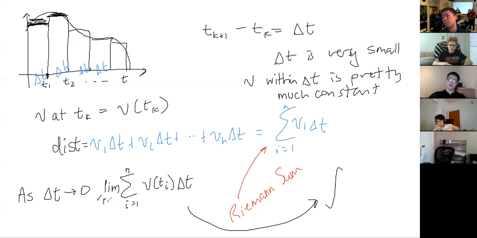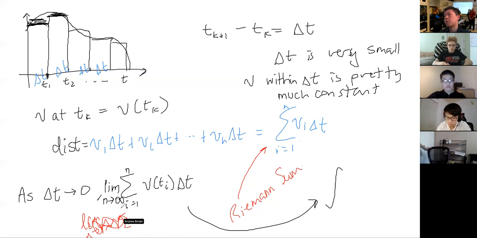So we take the limit as n approaches infinity, not 0, and that is then the integral of v of t.